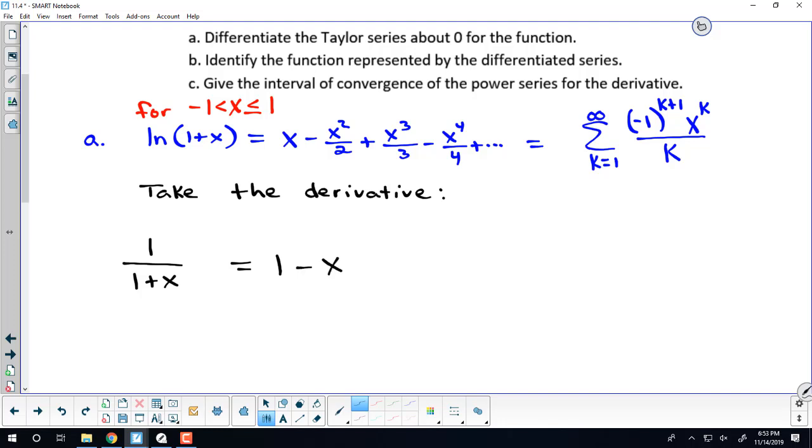The derivative of x is 1, the derivative of negative x squared over 2 is negative x, the derivative of x cubed over 3 is x squared, which is that. And then for the closed form representation, we're taking the derivative with respect to x, so we utilize the power rule on that x to the k.